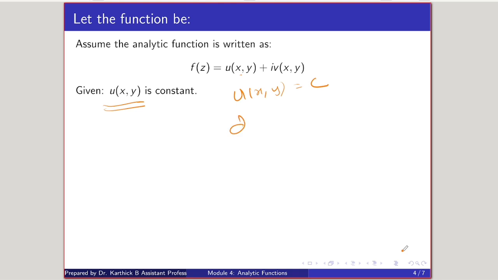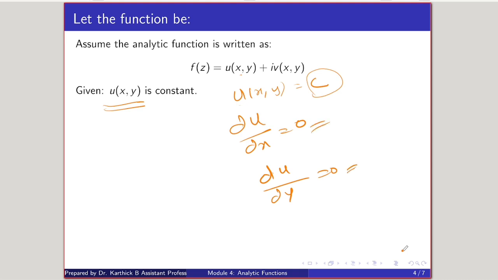If I differentiate this function with respect to x, I get 0. If I differentiate u with respect to y, I will also get 0 because it is simply a constant. If I differentiate this function with respect to any of the variables, surely I will get 0.